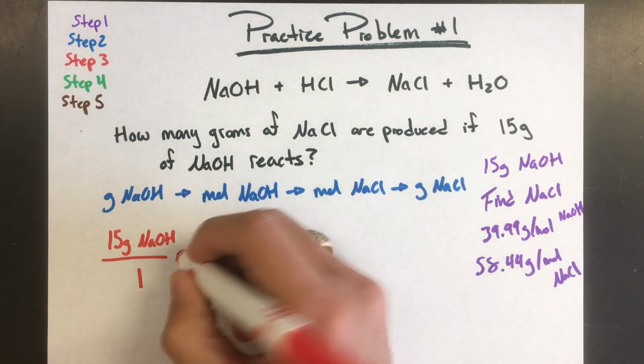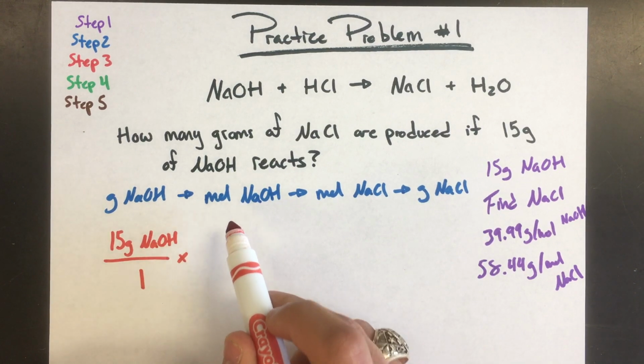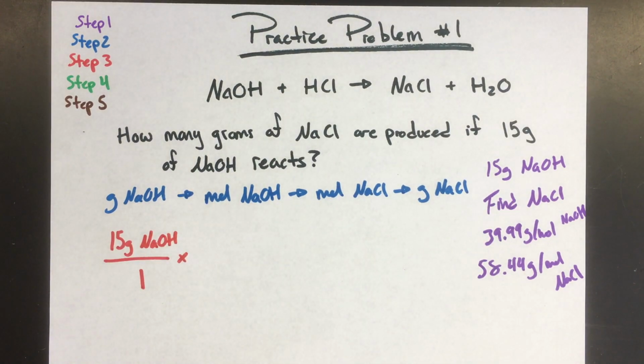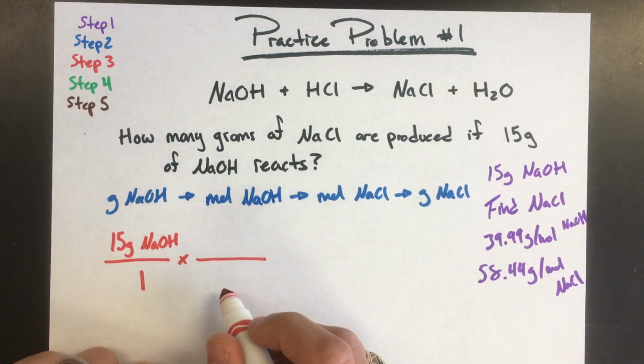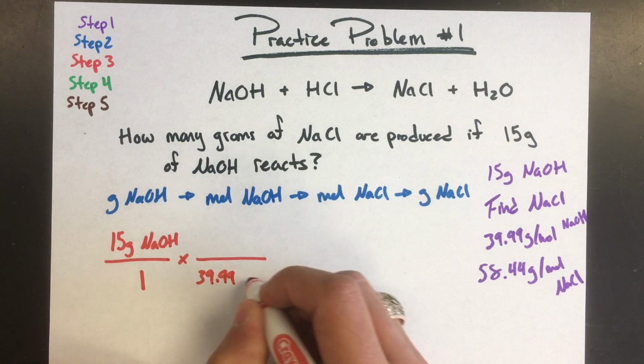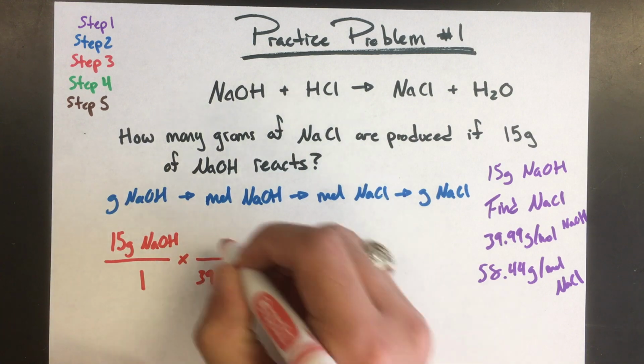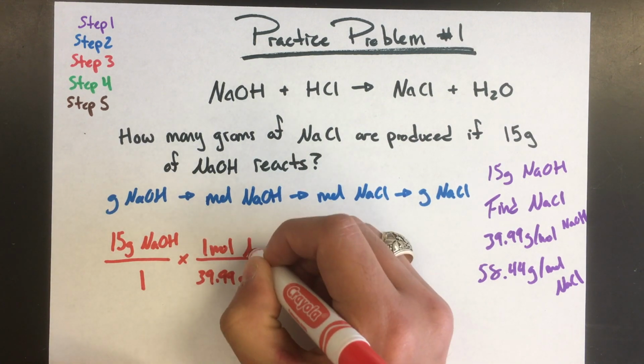Then we go to moles of sodium hydroxide. If we look on our news you can use, grams to moles means that we divide by the molar mass. We've already figured out the molar mass, which is 39.99 grams of sodium hydroxide per 1 mole of sodium hydroxide.